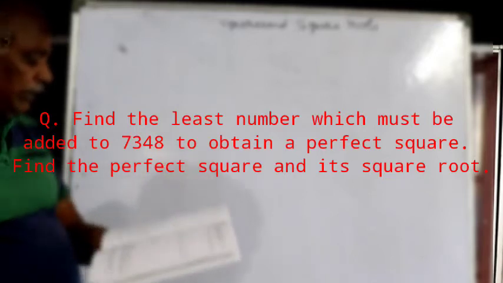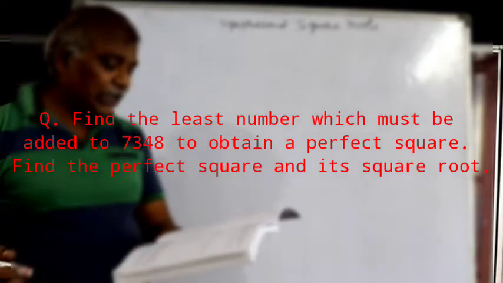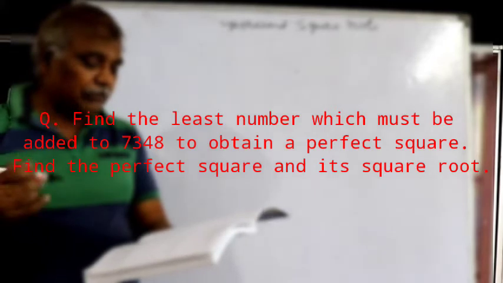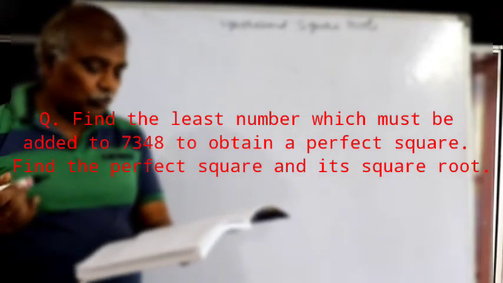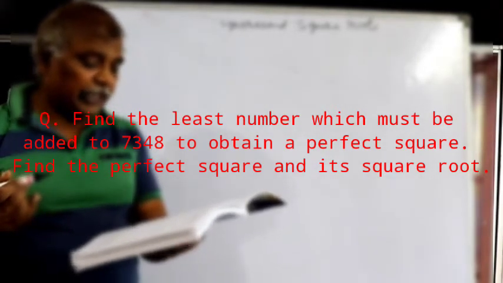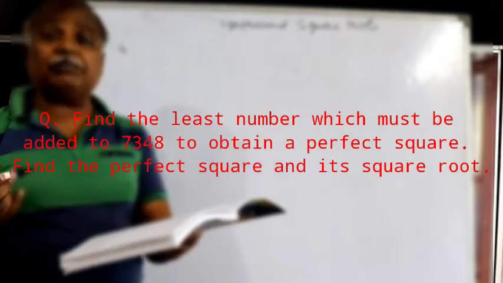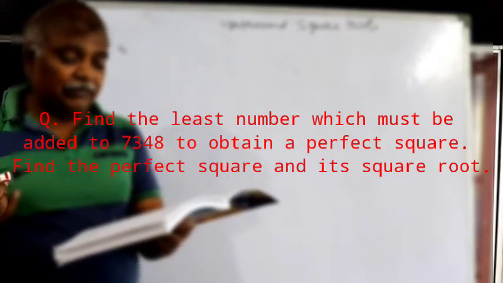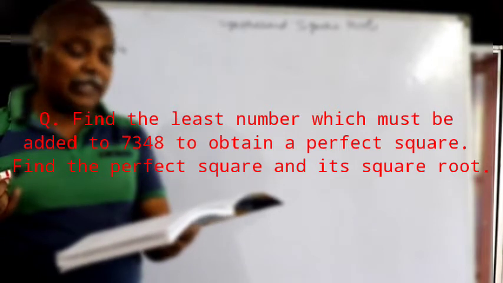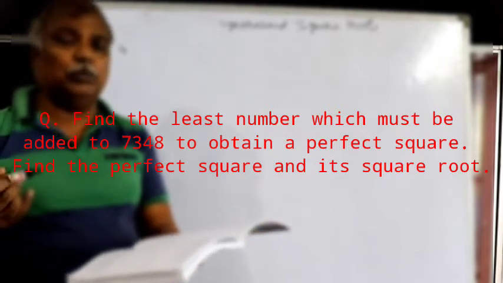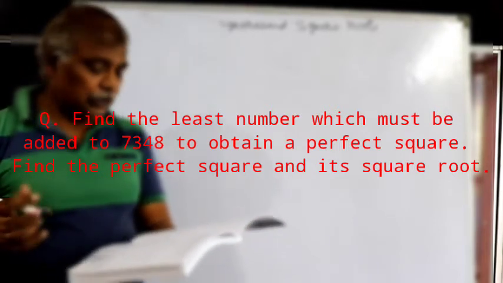Now another problem is find the least number which must be added to 7348 to obtain a perfect square. Find the perfect square and its square root. This is the question.